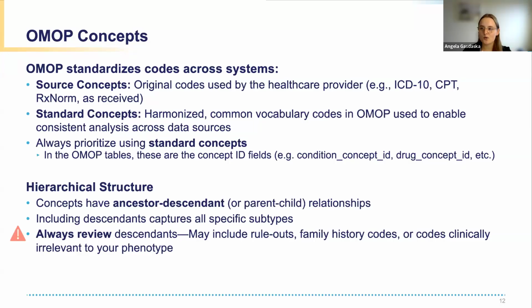You get more specific as you go down the descendants. Using descendants and taking a look at them can be helpful to ensure that you're capturing all specific subtypes of a condition, but they are something to be careful about. You definitely want to do a careful review of any that you include, because sometimes descendants can be completely irrelevant to the condition that you are studying.